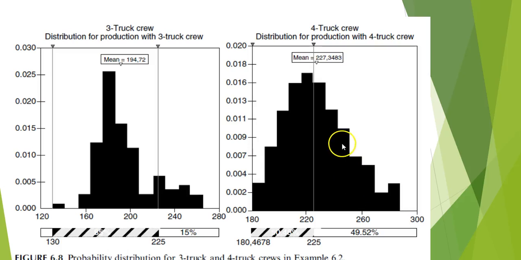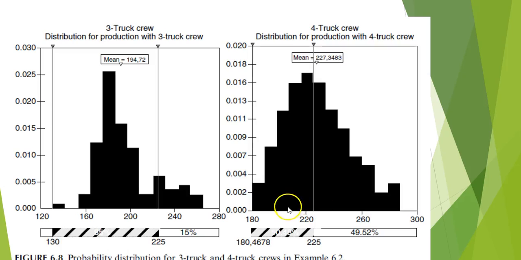And what you see ultimately is over the long term, that 4-truck crew is going to have greater productivity just because there are 4 trucks there. But it isn't a hard and fast case where the 4-truck crew is always most productive. This is one of those situations you'll find out in the field where somebody will come by and notice when that 3-truck crew is being especially efficient and say, well, you only need 3-truck crews, but not realizing that in the long run, that 4-truck crew really will give you more production.